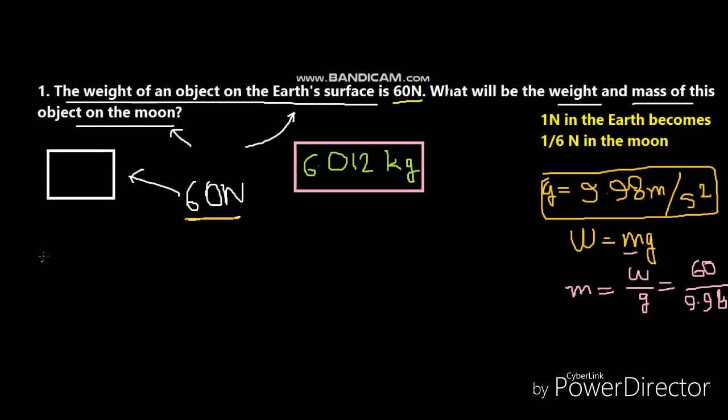So we had two questions. Question number one is finding out the weight, and question number two is finding out the mass. So we have found the answer of question 2, the mass of this object on the moon, and that is 6.012 kilogram.